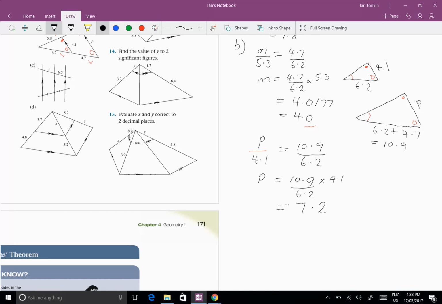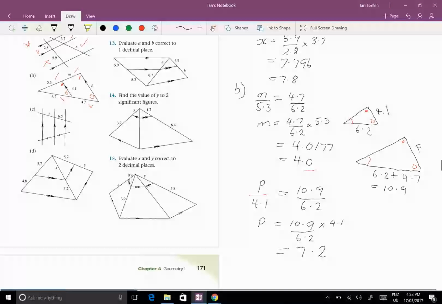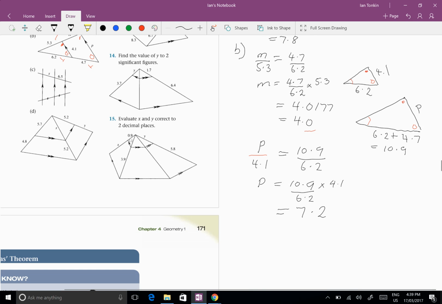I check with Margaret, and I look for M, and I'm not right. Sorry, P, 7.2, I am right. 4.0 is for M. So I am right. And there we go. Correct and correct.